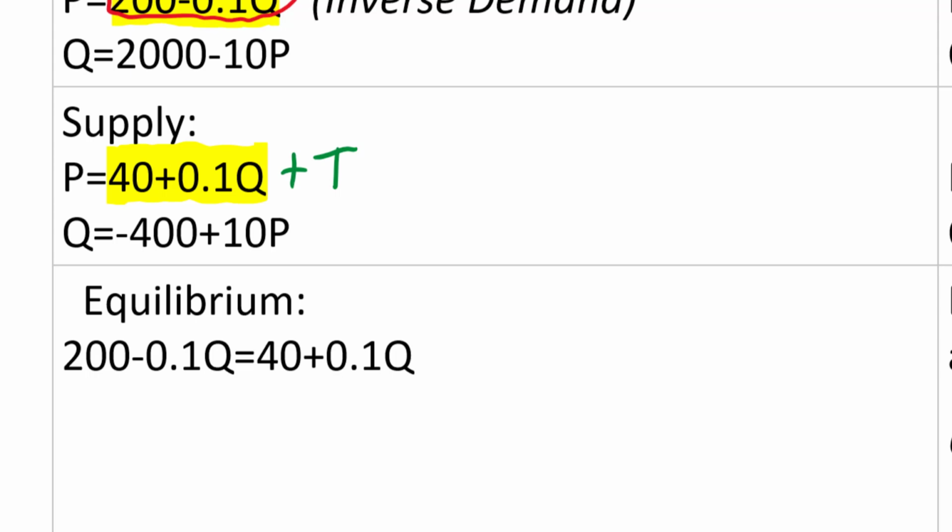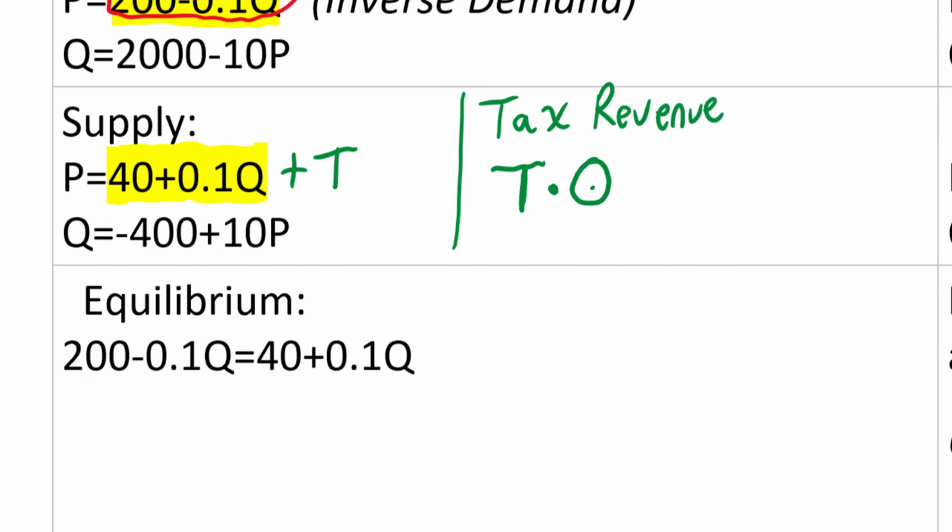Once we know the equilibrium price and the quantity, we can see how do we maximize the tax revenue. And again, how do we calculate tax revenue? Well, tax revenue is going to be the tax level T times the quantity sold. So if we can figure out a way to build all this into an equation, and then we're going to use very simple calculus, we can figure out what tax level would give us the biggest tax revenue. So let's get started here.